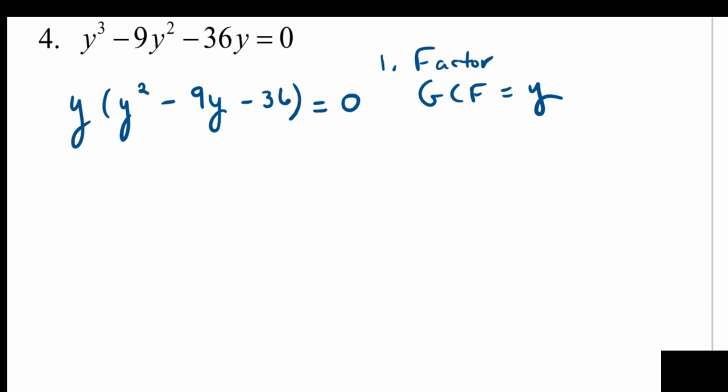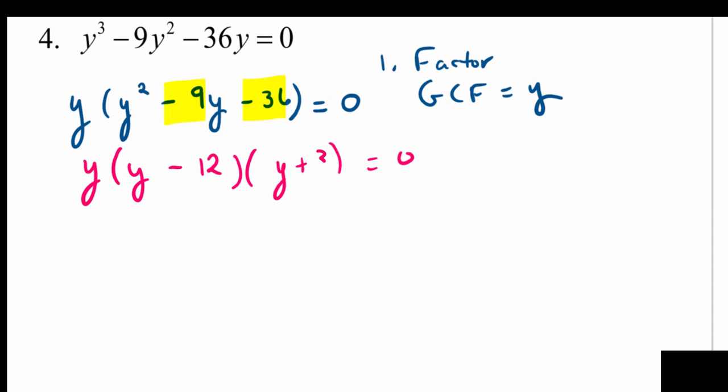Wonderful. Okay, so now we've got the trinomial. It's a trinomial that's fairly easy for us, right? Because the leading coefficient is 1 on the y squared. So we're once again looking for two numbers that multiply to a negative 36 and add up to a negative 9. Negative 12 and positive 3 is right. Okay, so now notice how this time we have three factors that multiply to 0.